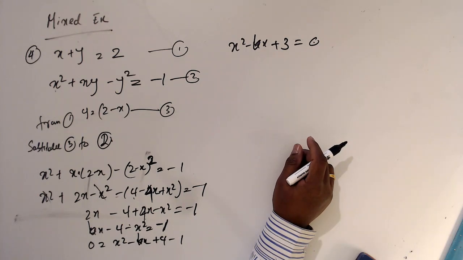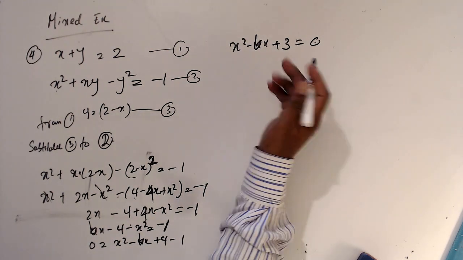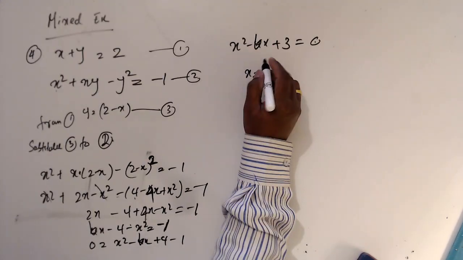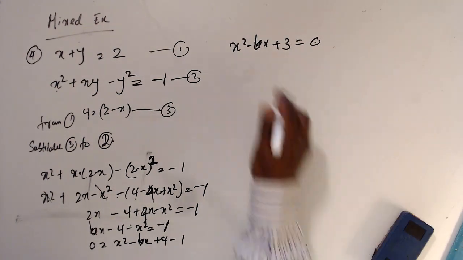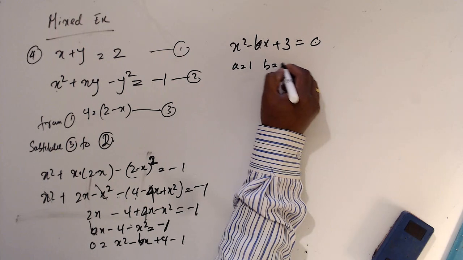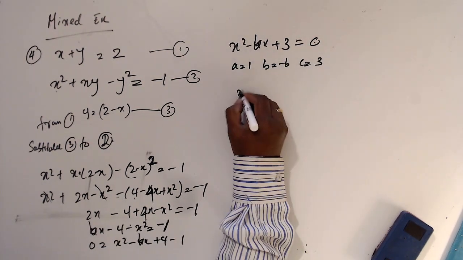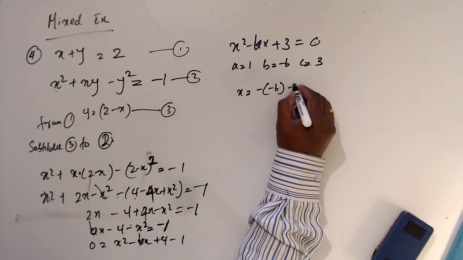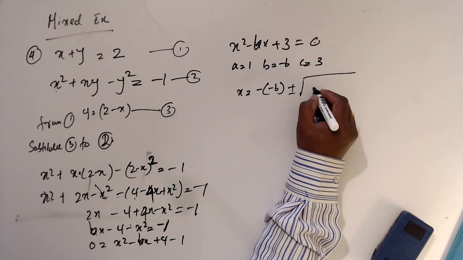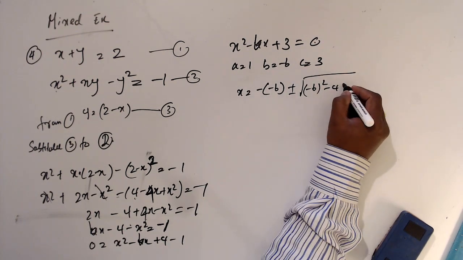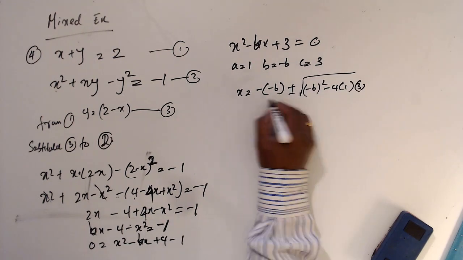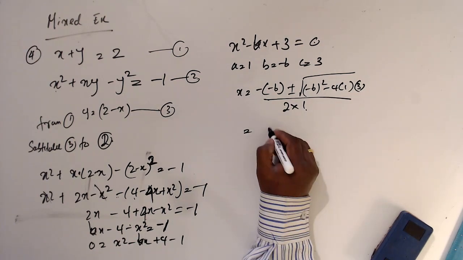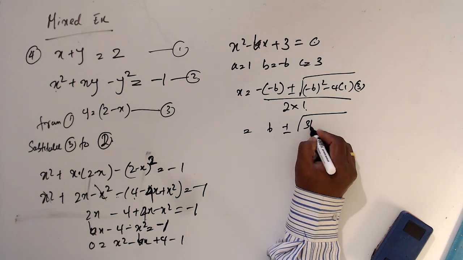This is a clue that we have to use the quadratic formula, so I am not even trying to factorize this one. a equals 1, b equals minus 6, c is 3. So x equals minus b plus or minus square root of b square minus 4ac over 2a. So this is 6 plus or minus square root of 36 minus 12 over 2.